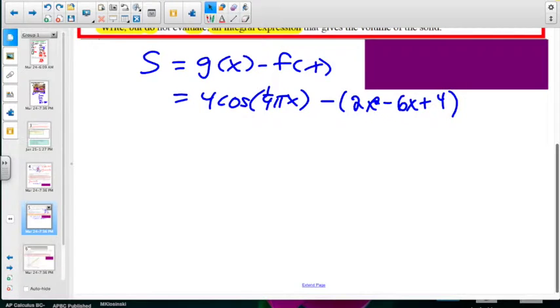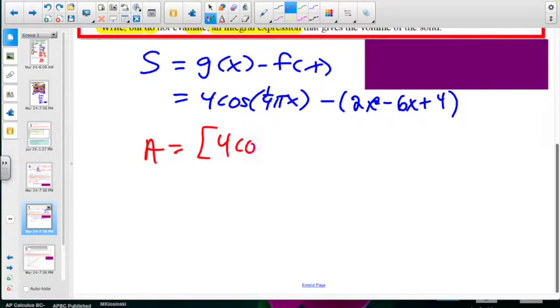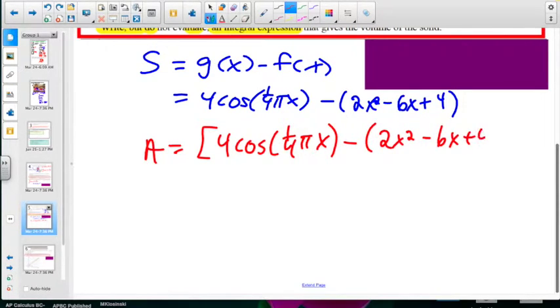Yeah, that's just one side. So the whole area is squaring that whole thing. So I just stuck big brackets on both sides and put a square up there.